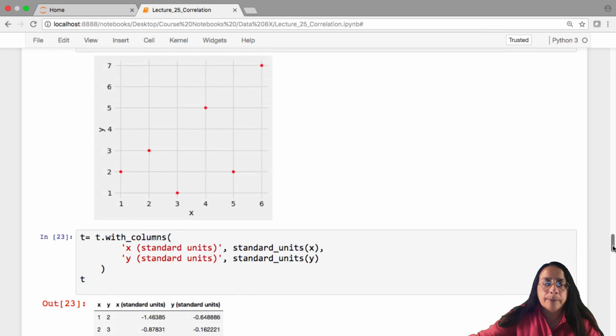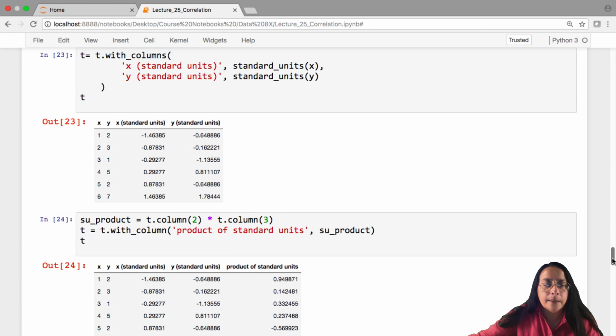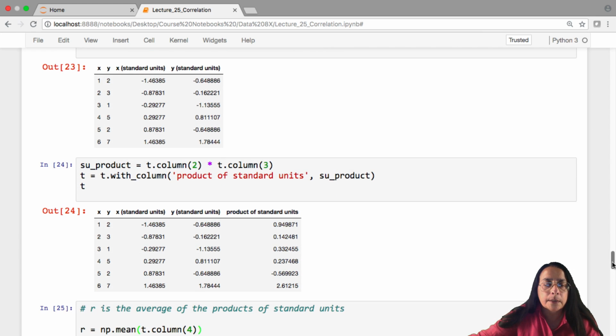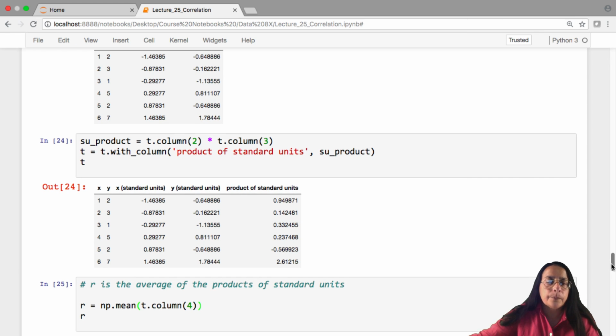Now, I understand that there might be burning questions as to why we took the products. And really, for a complete justification, you'd have to do some mathematics. But there is one thing that you can see here that makes the product an interesting thing to do. Look at this xy pair. What is it about this line that tells you that both x and y were below average?